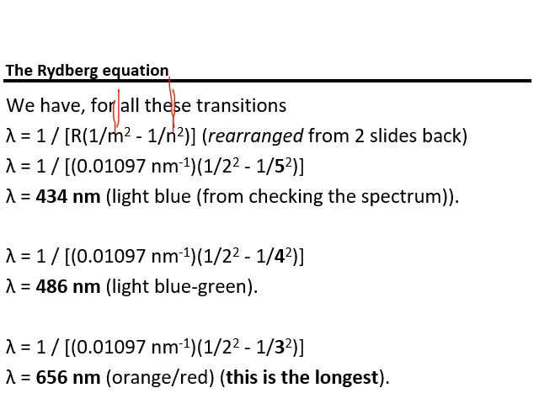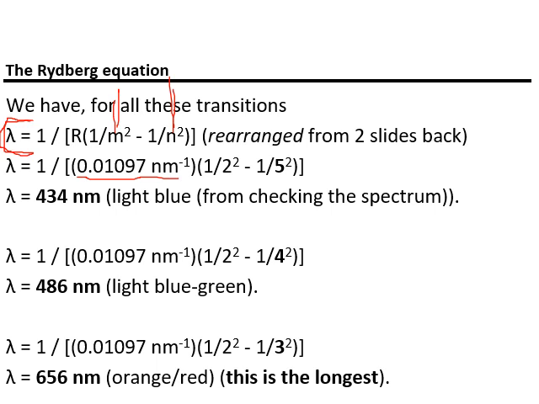And then we're going to multiply that by the Rydberg constant here, which is about 0.011 nanometers to the minus 1. And then all of that will be divided into 1. Because what I did here was I actually rearranged this equation to make it easier, because this way we're actually solving for lambda rather than 1 over lambda.